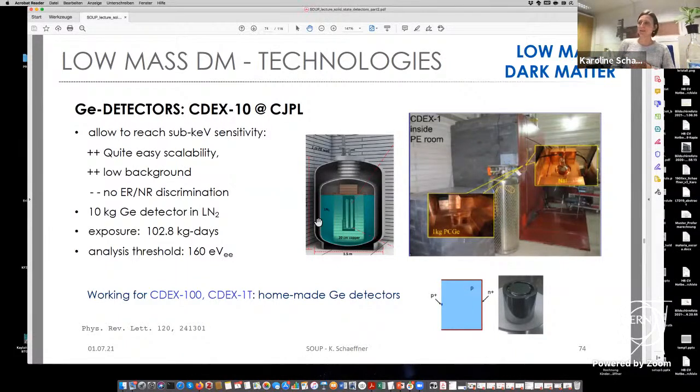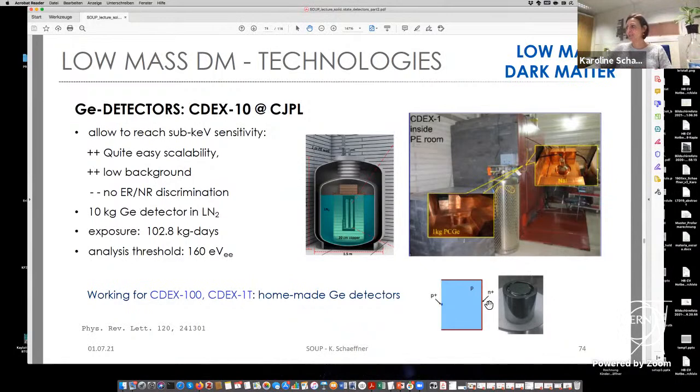This is a detector consisting of a germanium diode. Here's just a picture of it. It's a simple p-type point contact germanium diode. There are 10 of them, each is, I think, 1 kilogram, and they are located in the Jinping lab in China, which is now the world's deepest lab.